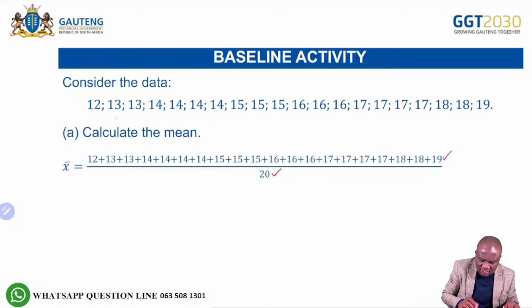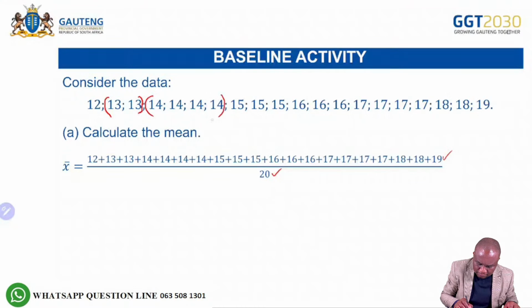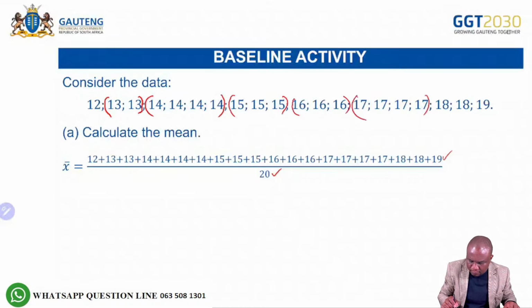But now you can see that here we have how many 13s? 2 of them. How many 14s? 4 of them. How many 15s? 3 of them. 3 16s. 4 17s. 2 18s.